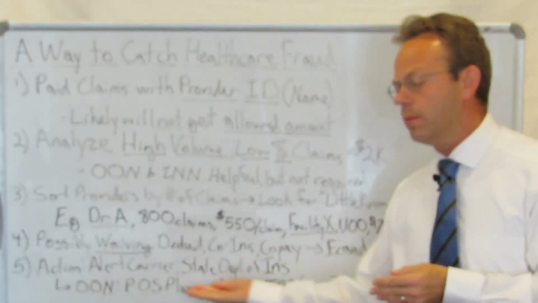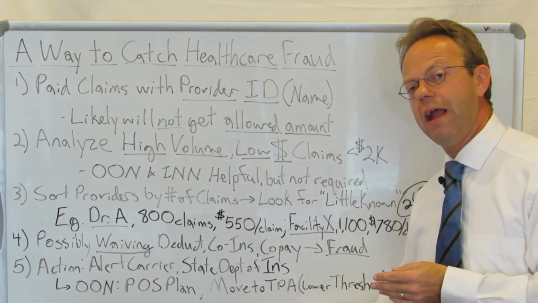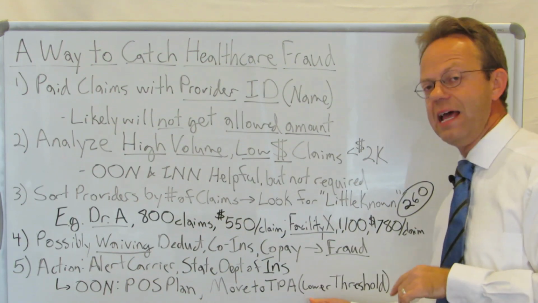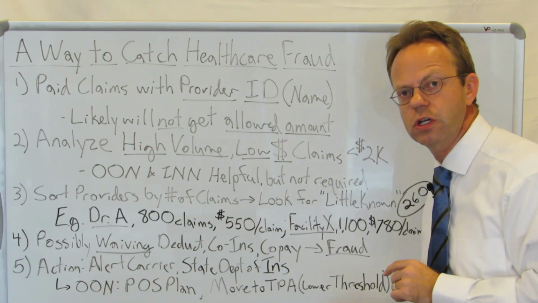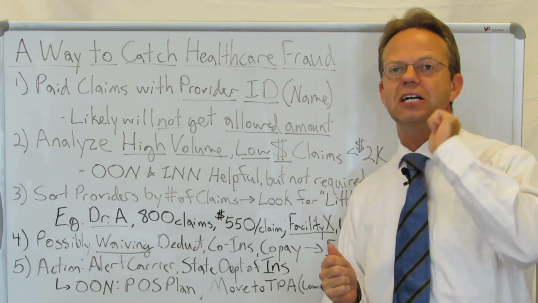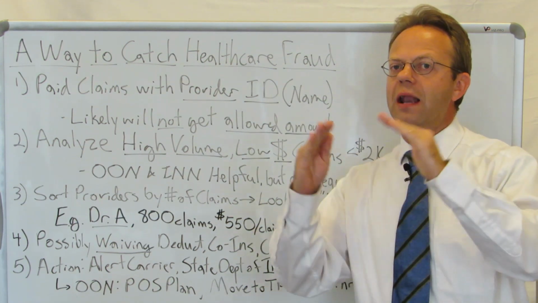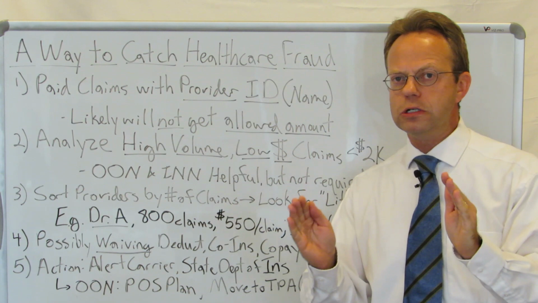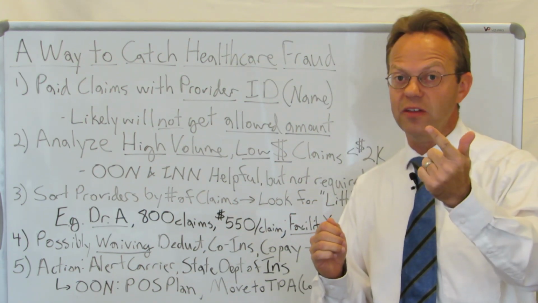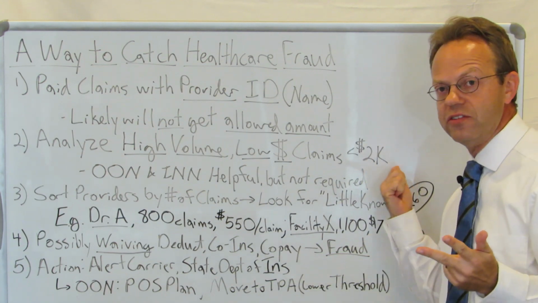Next up, if you don't want to move to a POS plan, you could change your carrier to a TPA. And the reason that you would want to do that is because TPAs tend to have much lower thresholds to examine the individual claims instead of automatically adjudicating them. So a lot of the major carriers will have auto adjudication levels of like $10,000 a claim or $5,000 a claim or even $2,000 a claim.